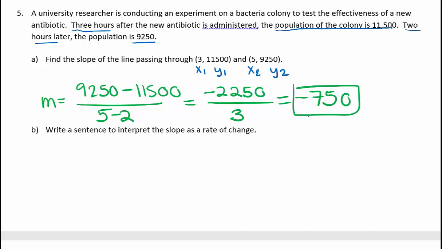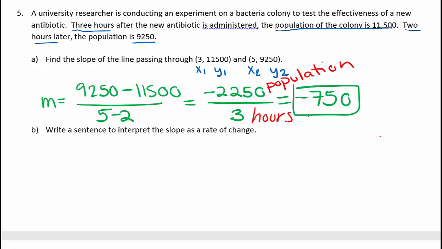Now, slope describes whether a line is increasing or decreasing. In this case, the line would be decreasing. But it also gives us information about the rate of change, how variables are changing. Notice that the numerator, the numbers that we took on the top, were population numbers, amount of bacteria. The numbers on the bottom, the denominator, those were times or hours.